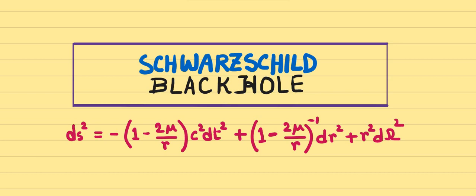So here we have the Schwarzschild metric written in a coordinate system which has four components: t, r, theta, and phi. Of course, d omega squared contains all the angular components, and then we interpret r as the radial coordinate and t as the temporal coordinate.